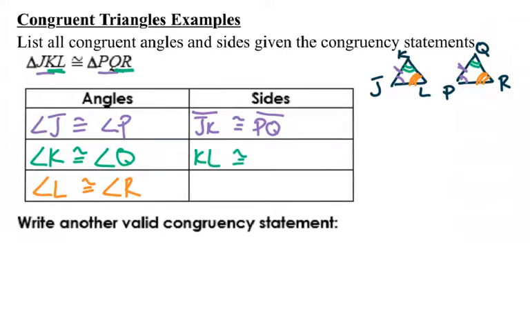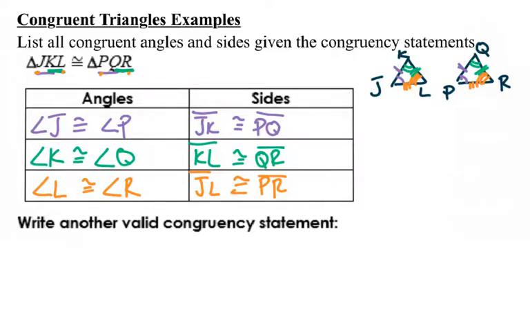KL congruent to QR. And I'm just going to do a line over it to know that I'm talking about a line segment. And I'm going to do two marks on the sides. And then I'm going to do the first and third letter. So JL corresponds with the first and third letter of the second one, PR. And I would use three tick marks.